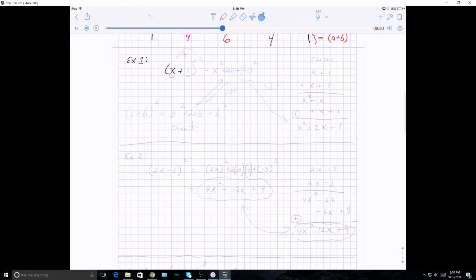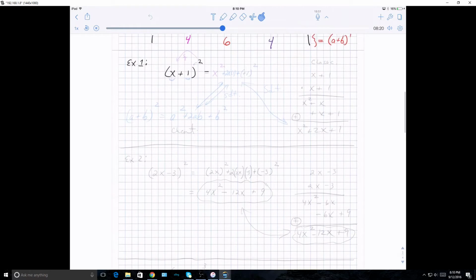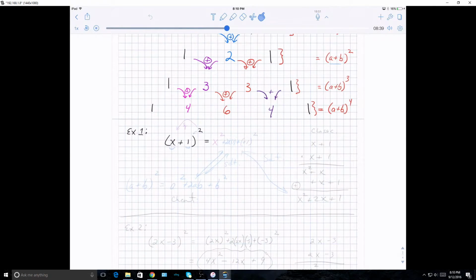Let's just take x plus 1 all to the 2nd power. So if we did this problem out, what we'd see in the classic version, we would see that we have x plus 1 times the quantity x plus 1, which would give us x squared plus x plus 1.